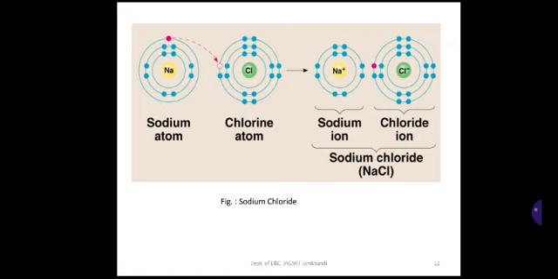The electronic structure of Na, atomic number Z equal to 11, is 1s2, 2s2, 2p6, 3s1. For Cl, the atomic number is 17. It has the electronic structure 1s2, 2s2, 2p6, 3s2, 3p5.